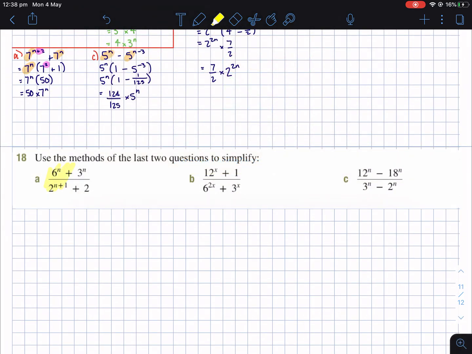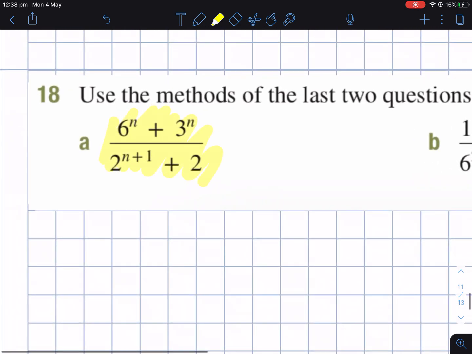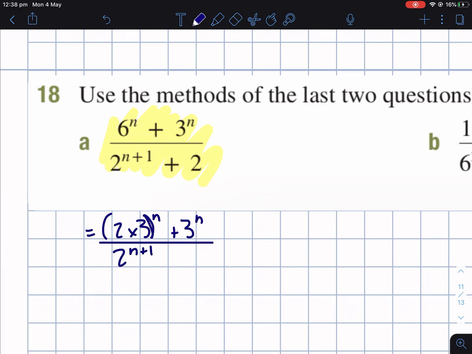Okay, so we're going to use a mixture of methods to do these. I'm going to rewrite this top one. I'm going to rewrite that 6 as 2 times 3, and this 2, I'm going to rewrite it as 2 to the 1.